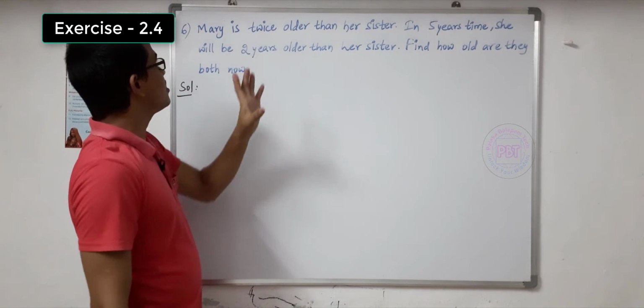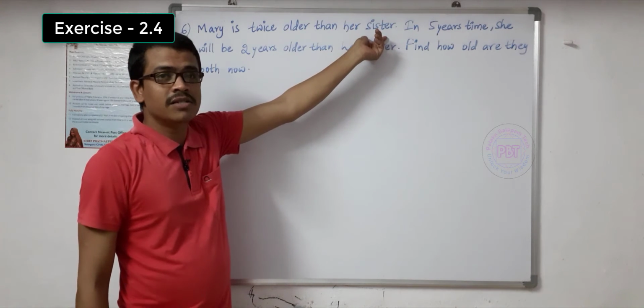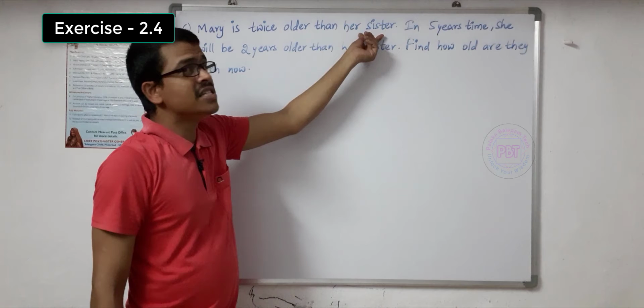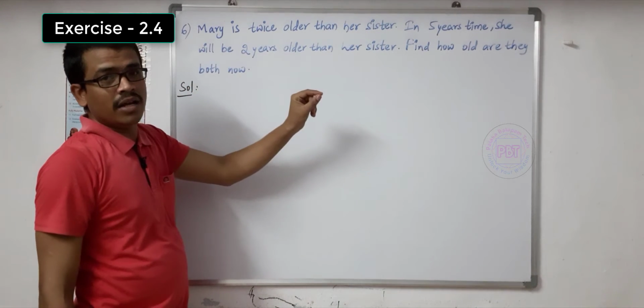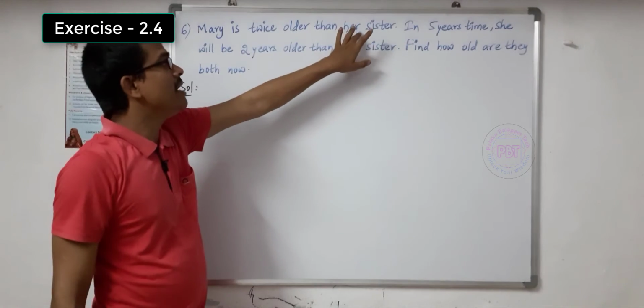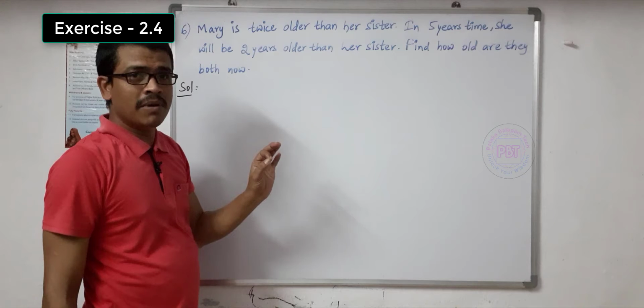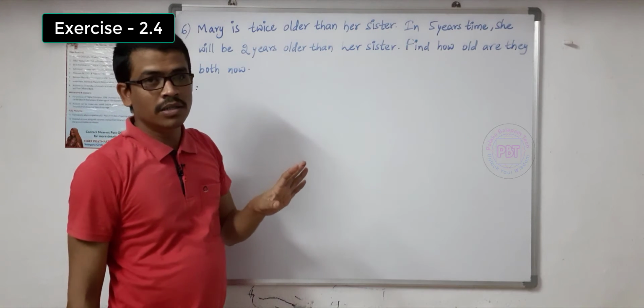If you observe in the first statement, Mary's age is depending on her sister's age, isn't it? So sister's age is independent and Mary's age is dependent. The independent one we will consider as a variable. So I am considering Mary's sister's age as a variable.